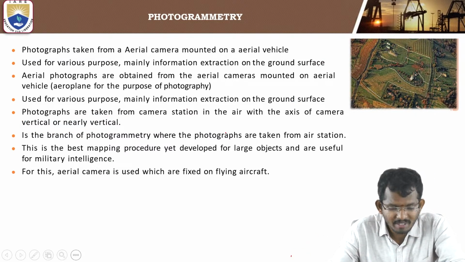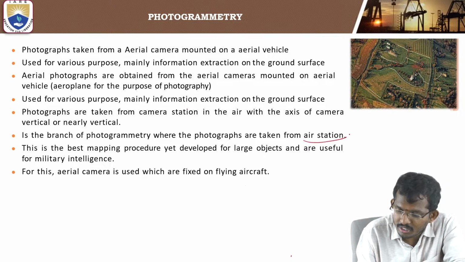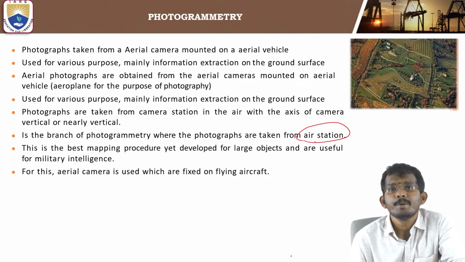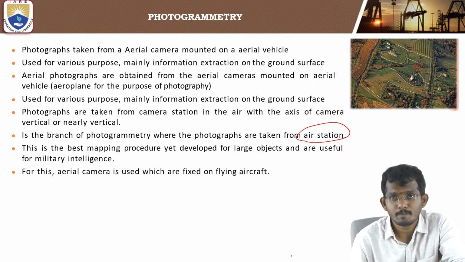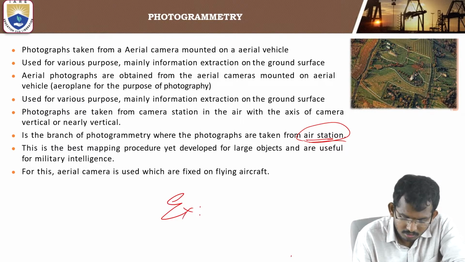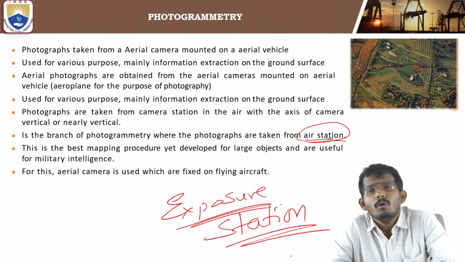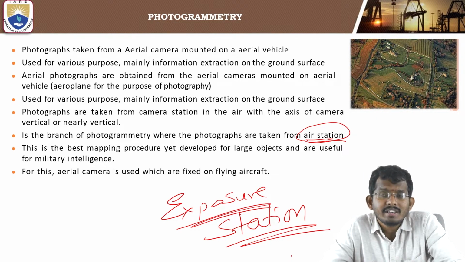It's a branch of photogrammetry where the photographs are taken from air stations or exposure stations. Okay, so the point in the atmosphere where a photograph is captured is called an air station or exposure station. So in aerial photogrammetry, we can find exposure stations or air stations.